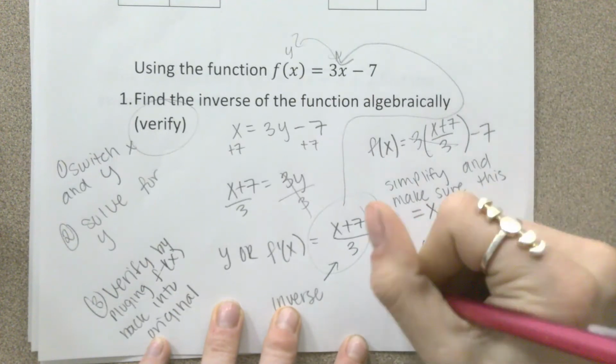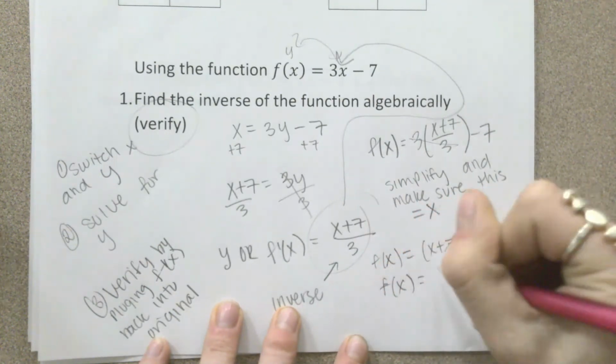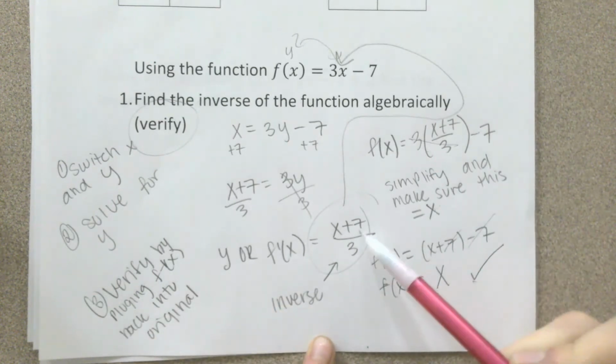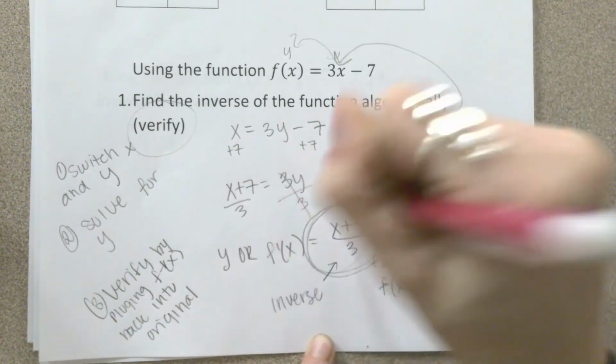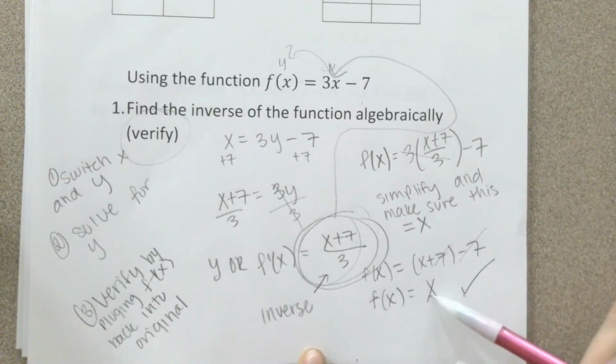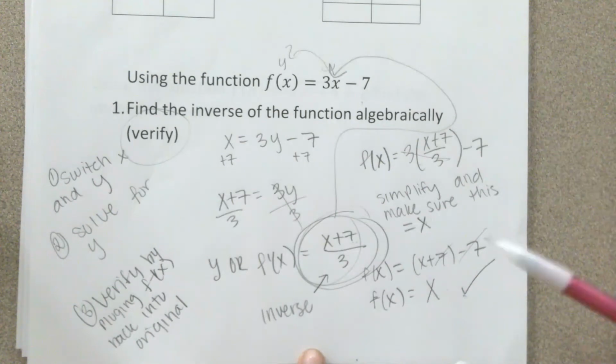That turns into 0, so f of x equals x. Therefore, this is our inverse of this function. If this did not equal x, then we would have done something wrong when we solved for the inverse.